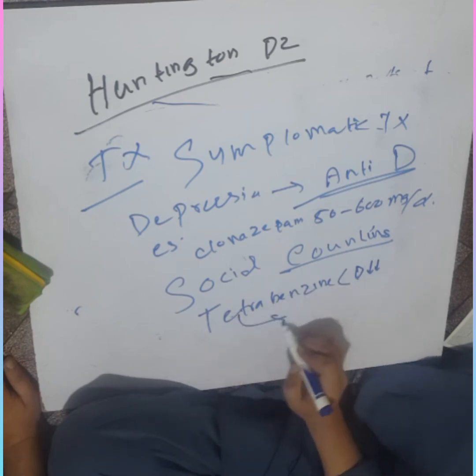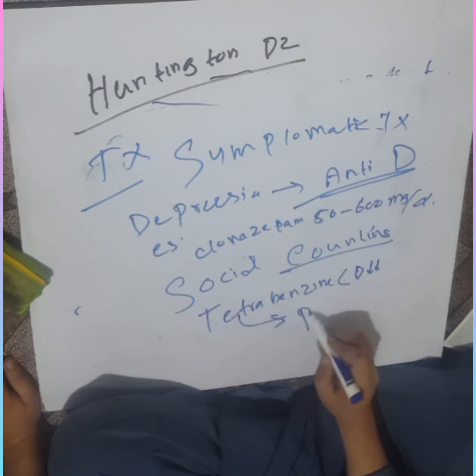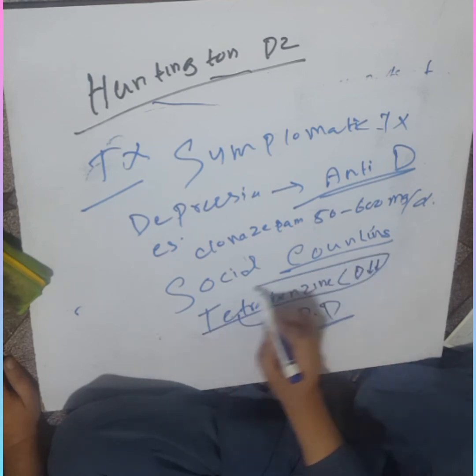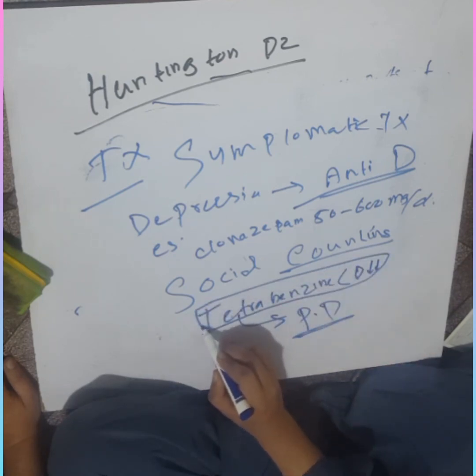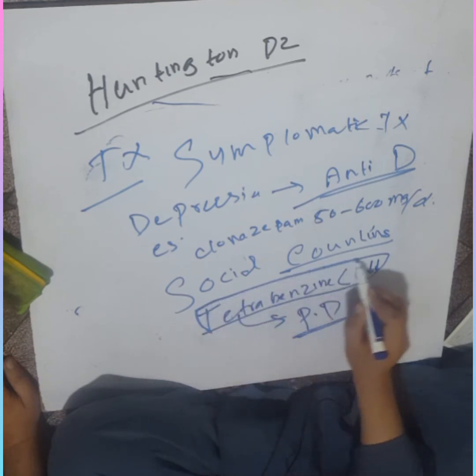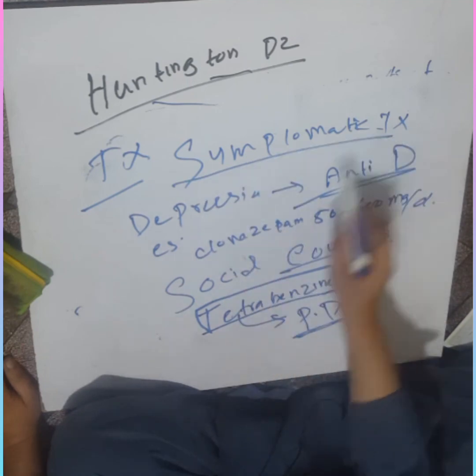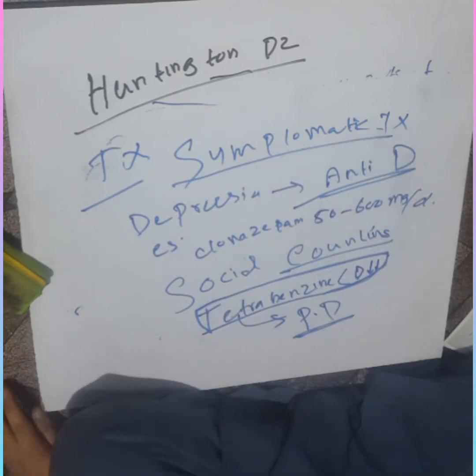But tetrabenazine can cause Parkinson disease, so we give tetrabenazine with careful monitoring. So this is the symptomatic treatment of Huntington disease.